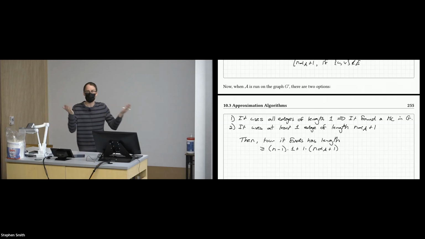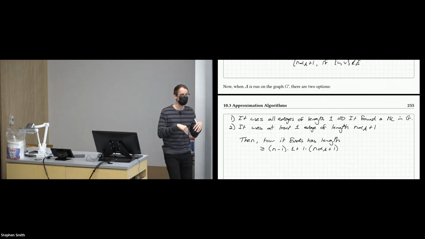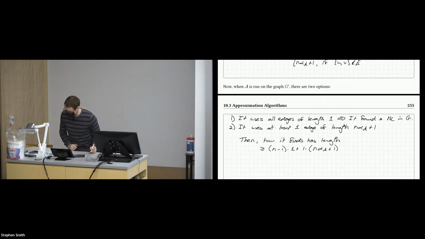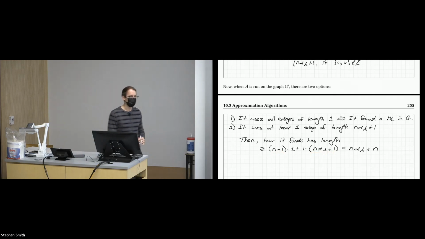It maybe used n minus 1 short edges, and it used at least one long edge. So it has to cost at least that much, which if I combine those two, I get n alpha A plus n. The minus 1 cancels out the plus 1, and so I get n, and then I get another alpha A n. So I get n alpha A plus n.